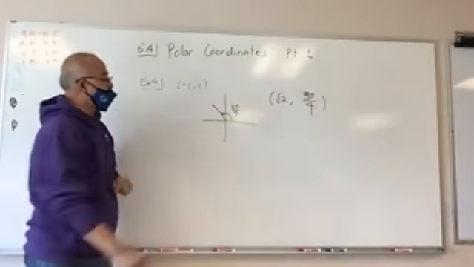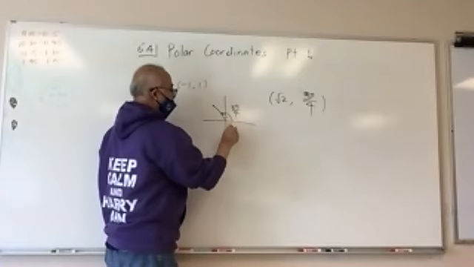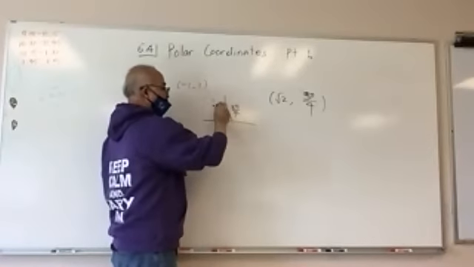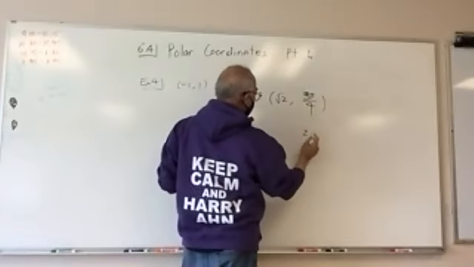I can also have gone all the way over here, and then gone negative. If I went from here all the way over here, that would have been 7 pi over 4.